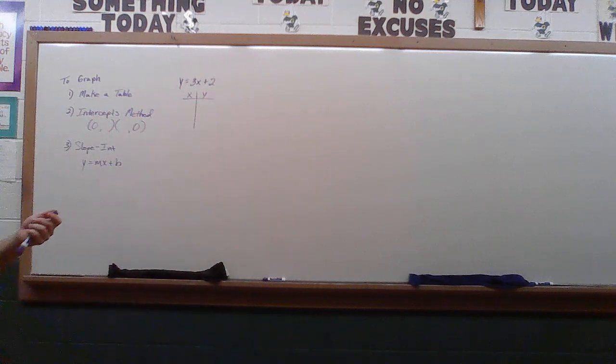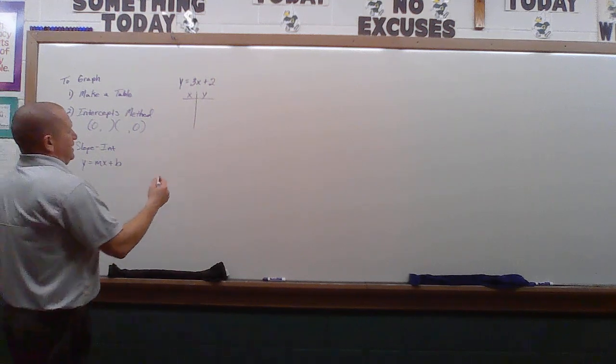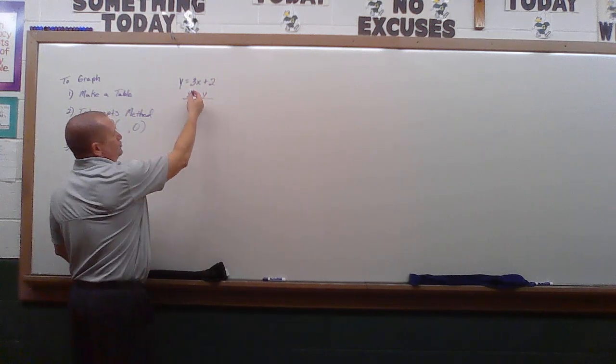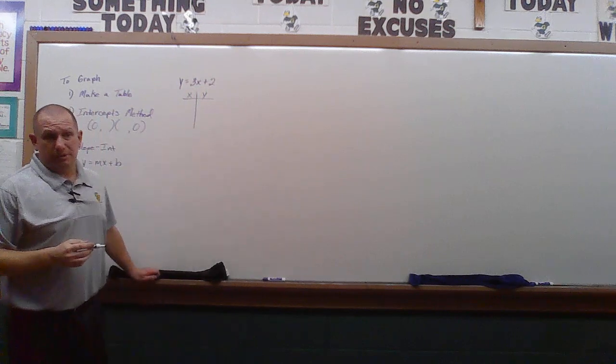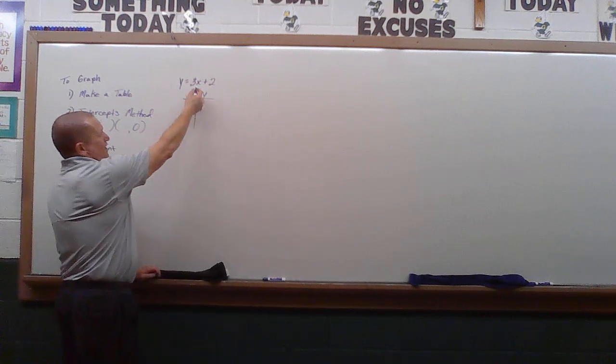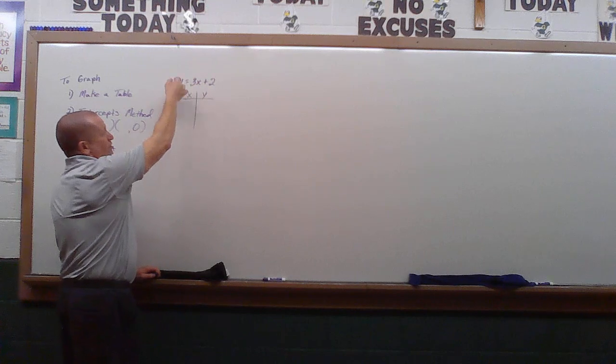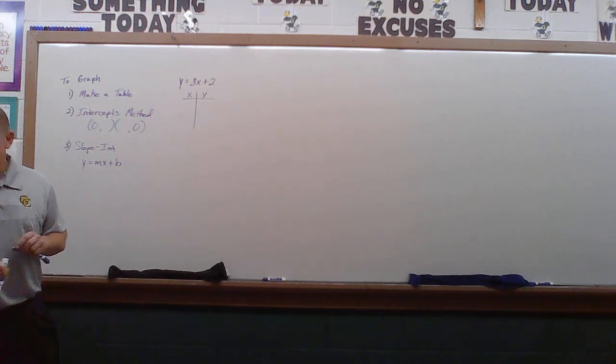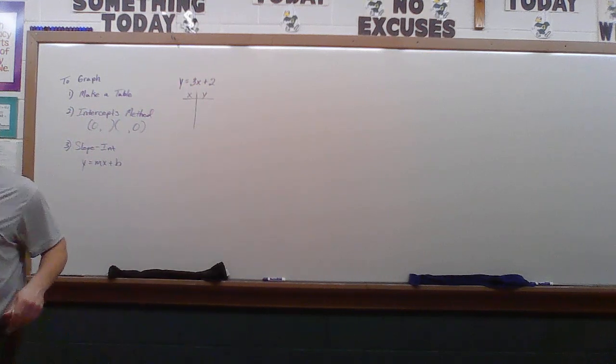I'm always going to do a vertical table because then it's going to look like ordered pairs once I find them. Which one's probably easier to make up? The x's, right? I'm going to make up the x's, put them in there, and then find my y's.